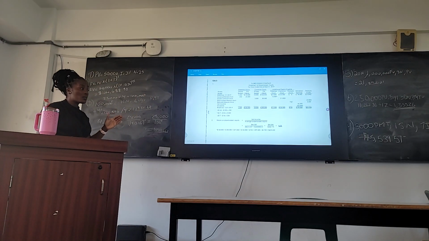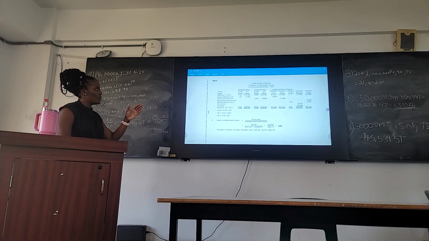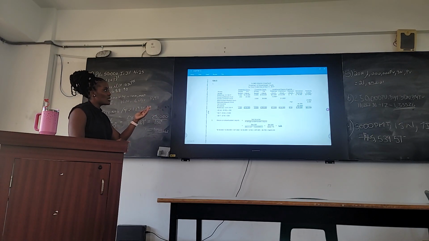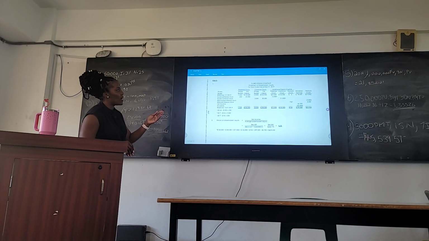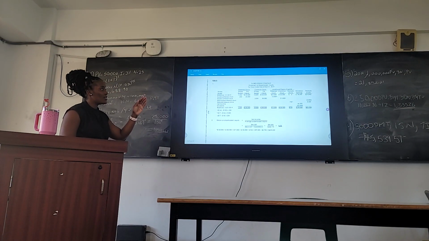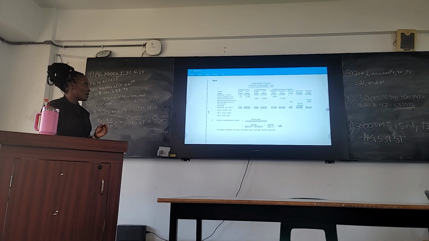Preferred stock is first, with the number of shares issued and their par value. Then we have columns for common stock, the number of shares issued and the par value. Then we have additional paid-in capital for preferred stock, common stock, and treasury stock. After that, we have retained earnings, and we have treasury cost, which is your treasury stock.